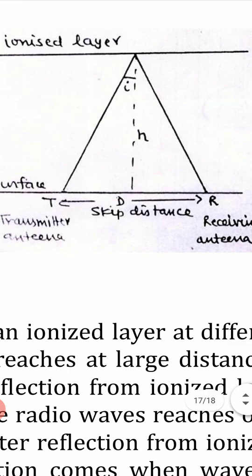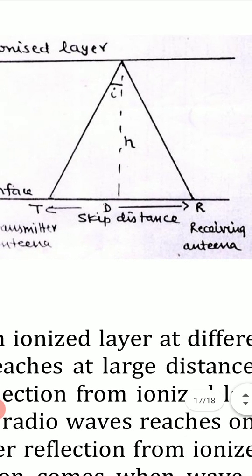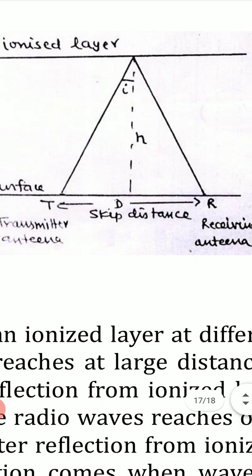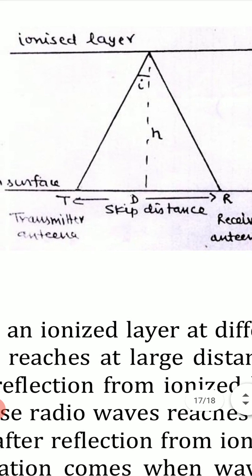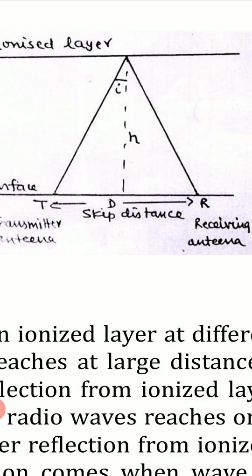Now for this we have the angle of incidence I, and the height from the earth surface to this ionized layer is written as small h.